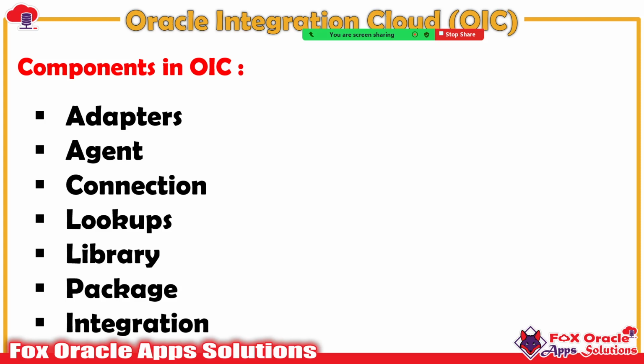The components are adapters, agent, connections, lookups, libraries, the package, and the last component, integration. Integration we can also consider as a component only. But whenever we are going to create an Oracle integration, that integration will use the rest of the components.